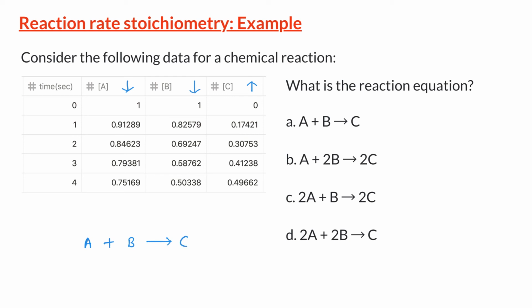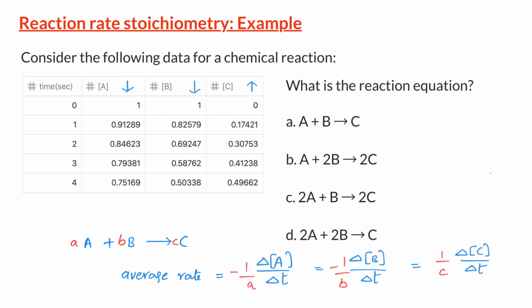Let us now find out the stoichiometric coefficients of A, B, and C. In the earlier slides, we learned that the reaction rates with respect to the reactants and products are related to each other by the following equation. The average reaction rate is equal to minus 1 over a delta A over delta t is equal to minus 1 over b delta concentration B over delta t is equal to 1 over c delta concentration C over delta t.